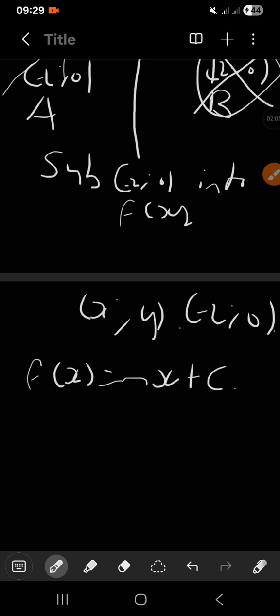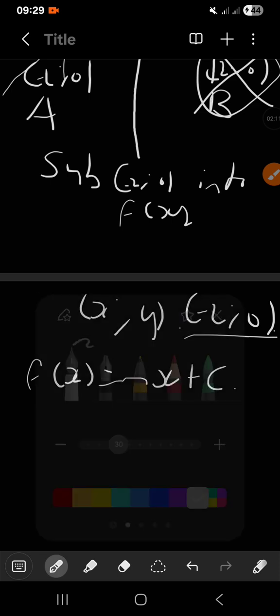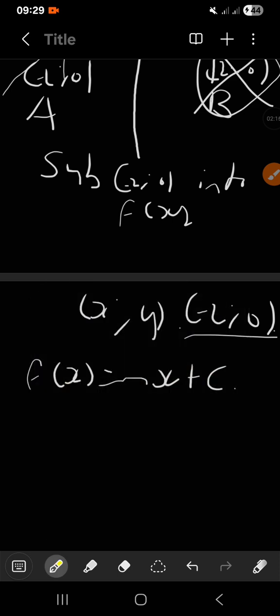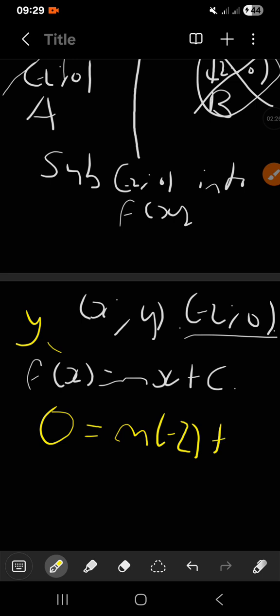Where I see x, I put negative 2, and where I see y, I put 0. We know that f of x is the same as y, so we have 0 equals m into negative 2 plus 4, because we already know c was 4, the y-intercept. So 0 equals negative 2m plus 4.